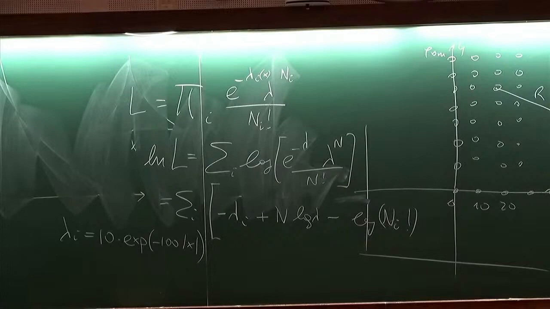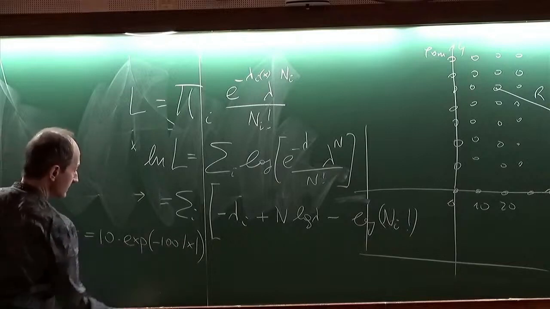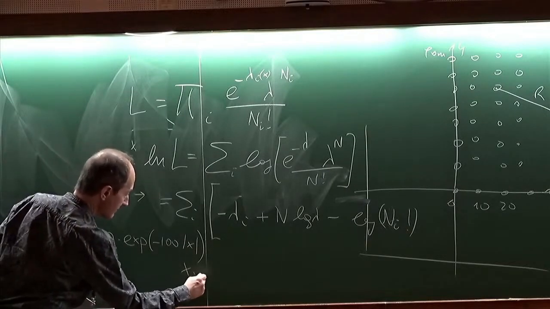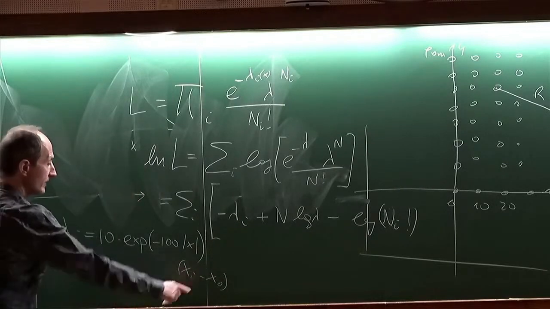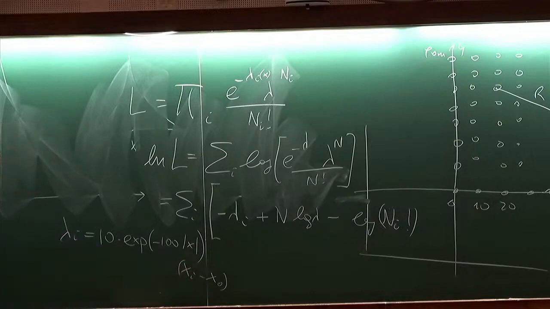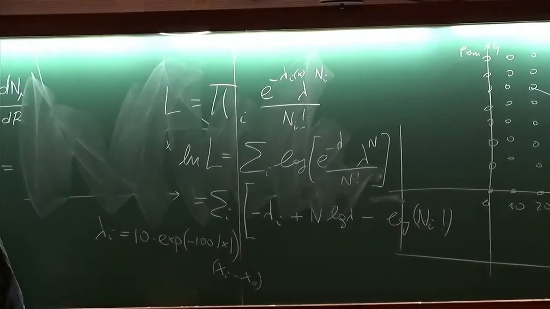Sorry, this x is in fact x_i minus x0, where x0 is the shower position. So we need to determine the derivative of that likelihood with respect to x0, which is the shower position that we need to determine.